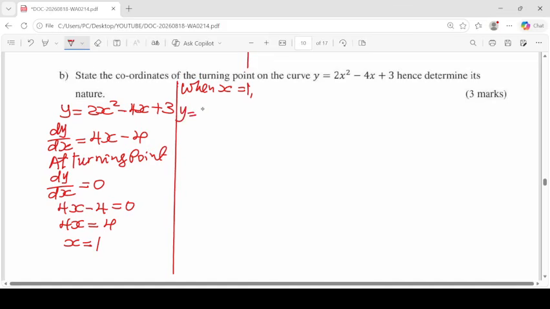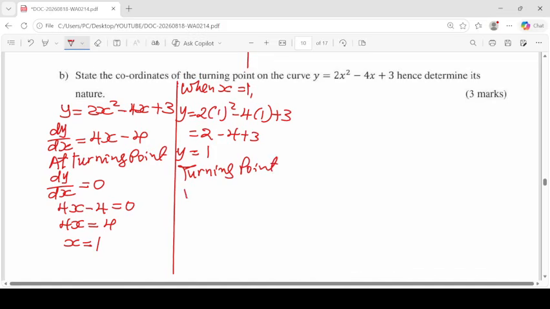So the original equation here is 2 into 1 squared minus 4 into 1 plus 3. This is like saying 2 minus 4 plus 3, which is 1. So the y value is 1. So our turning point is 1, 1. That's the coordinate of our turning point. So the moment we have this, now we can give the sketch.